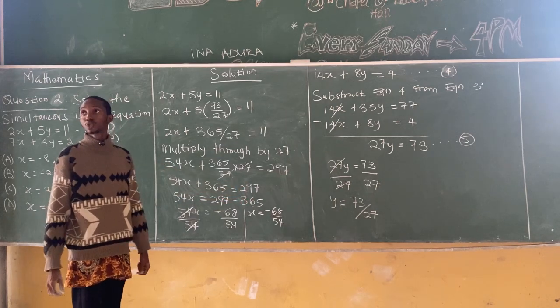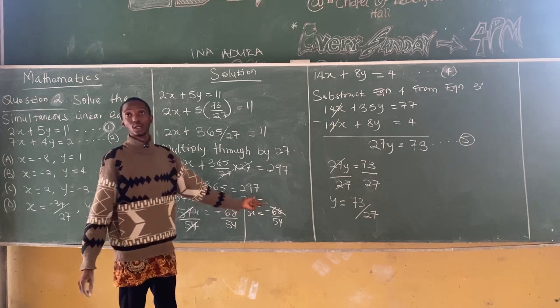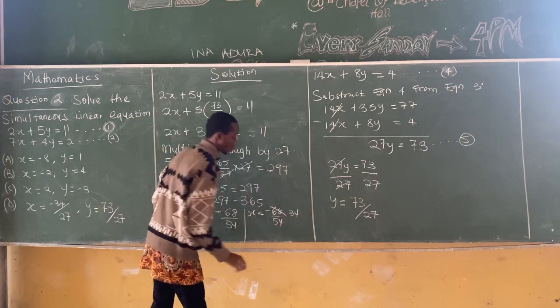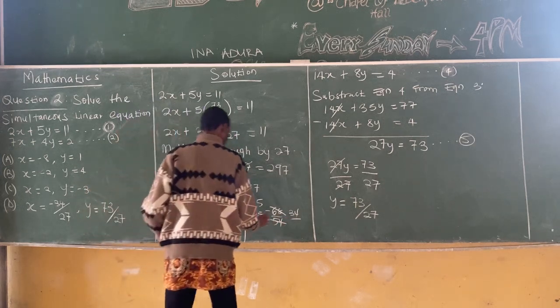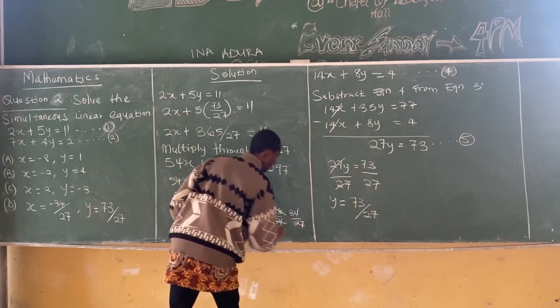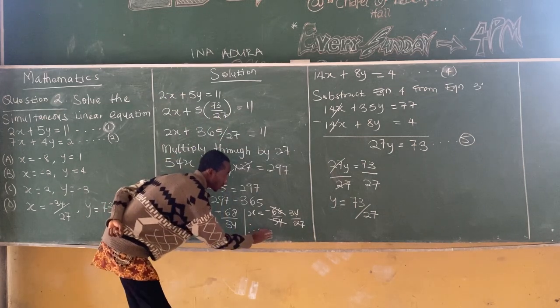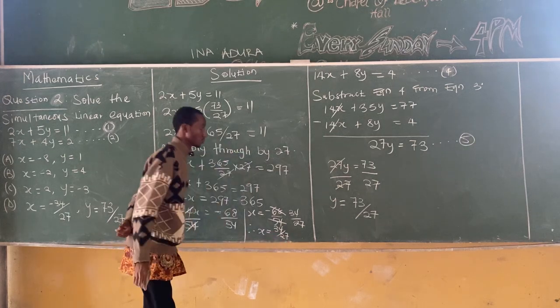Yes, 2 can divide. 2 divided by 68, we have what? 34. And 2 divided by 54, we are going to have what? 27. Therefore, the value of x is equal to minus 34 over 27.